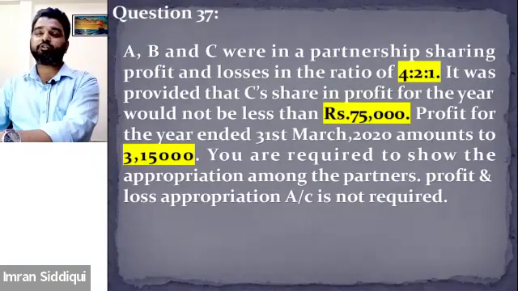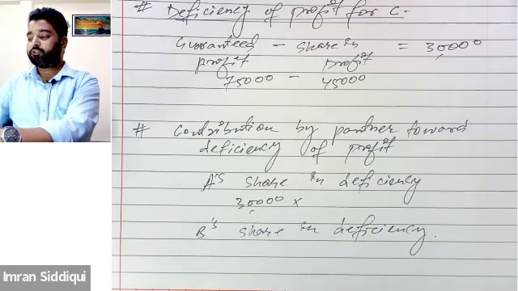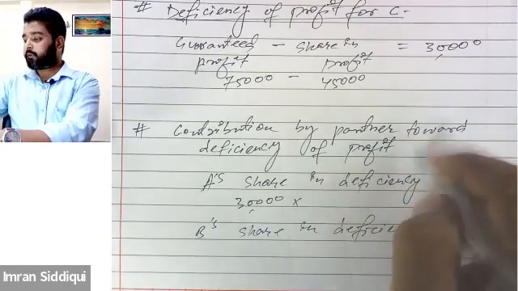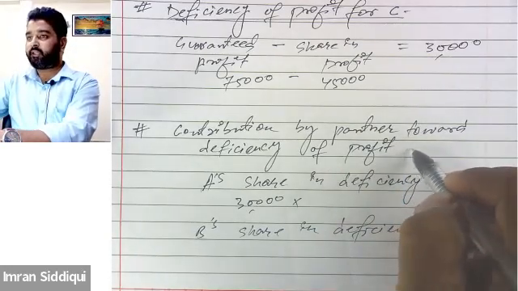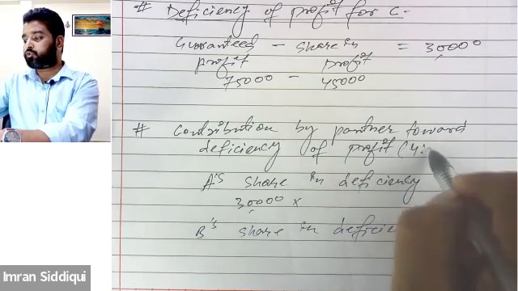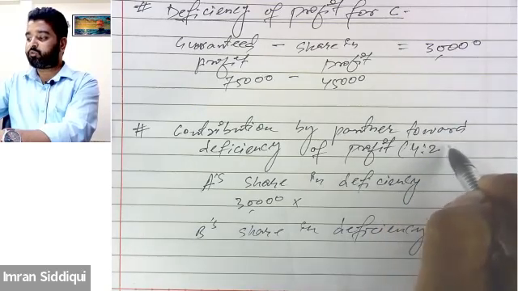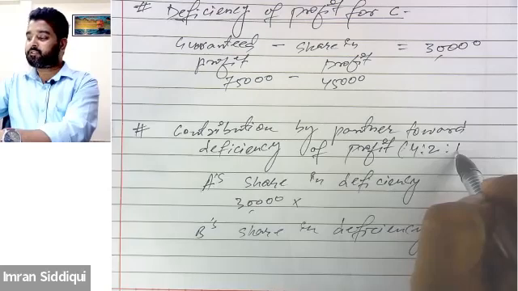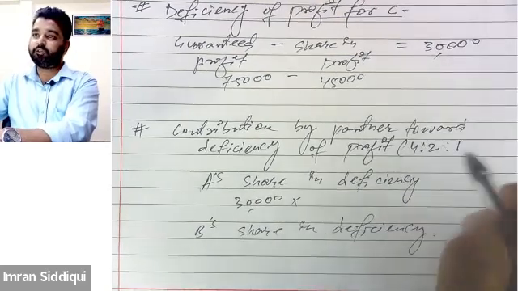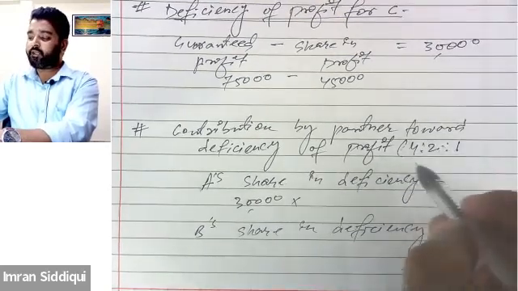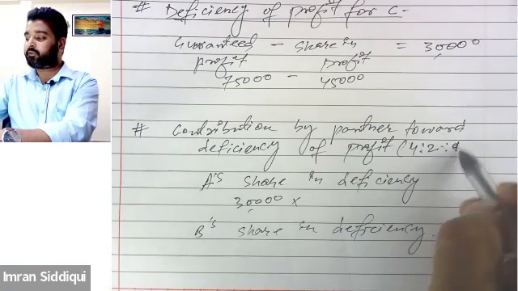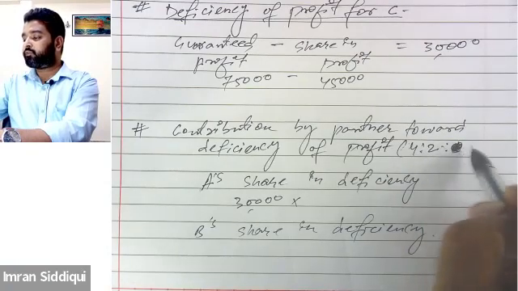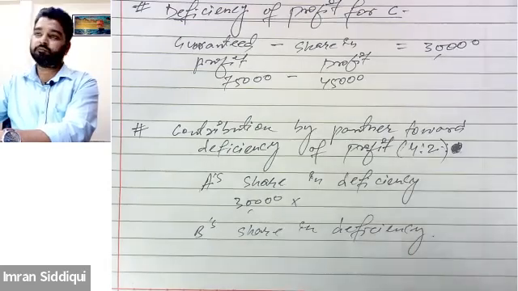Their profit sharing ratio was 4:2:1, right? The ratio was 4:2:1 earlier, but since the deficiency has to be borne by only A and B, we won't consider this last value.